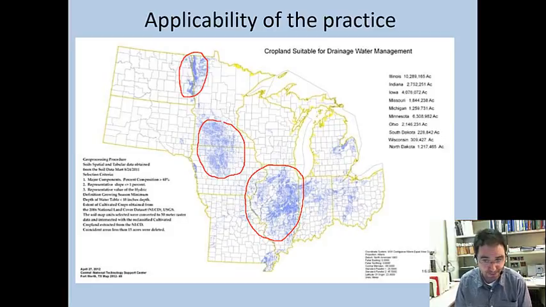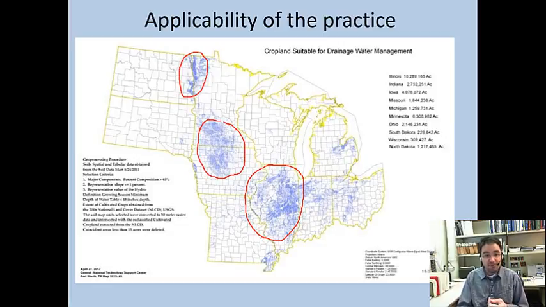South Dakota, maybe about 200 to 300,000 acres. Missouri, a little over 300,000 acres, and then North Dakota, about 1.2 million acres. These are some estimates for cropland suitable for drainage water management. So again, not each state would have the same amount of area suitable for it.